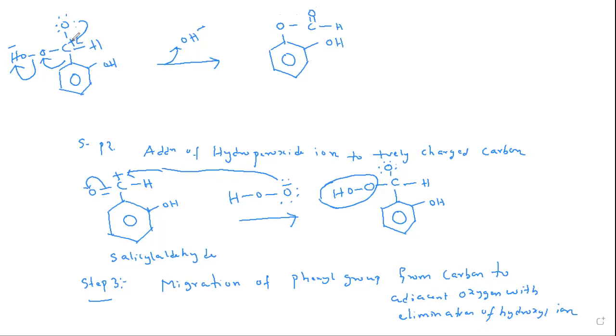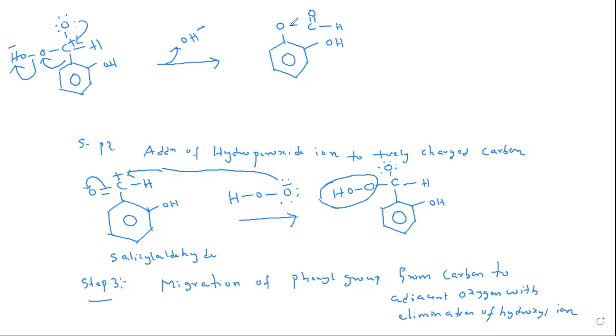To stabilize this carbon, oxygen has 3 lone pairs of electrons, but the actual number of lone pairs on oxygen should be only 2. So this extra lone pair of electrons, oxygen will donate to this carbon. So this carbon will form a new bond. That means carbon will form a double bond with oxygen like this. So this is your step number 3.